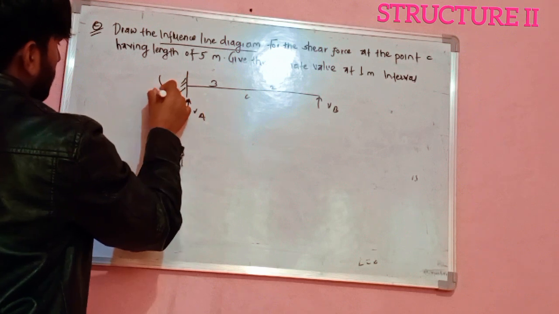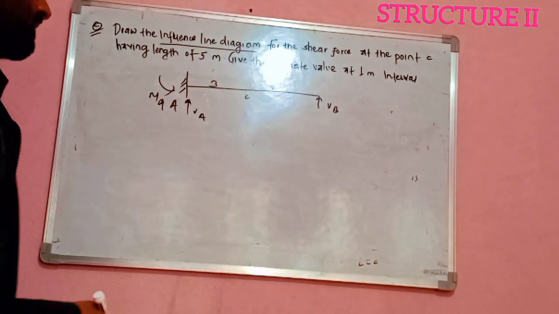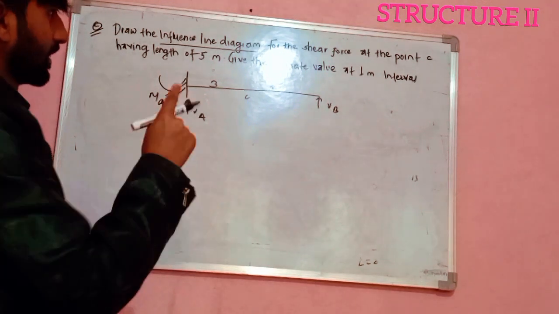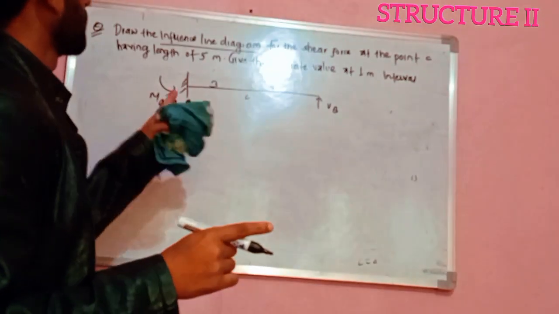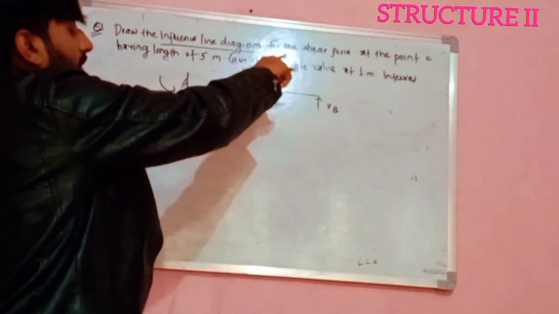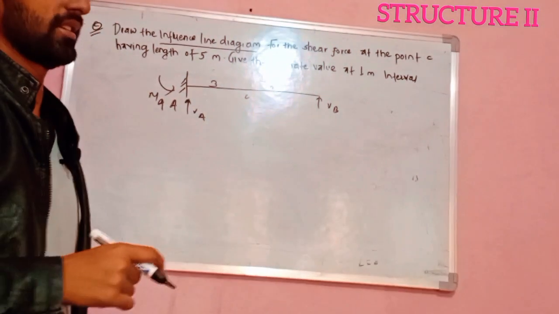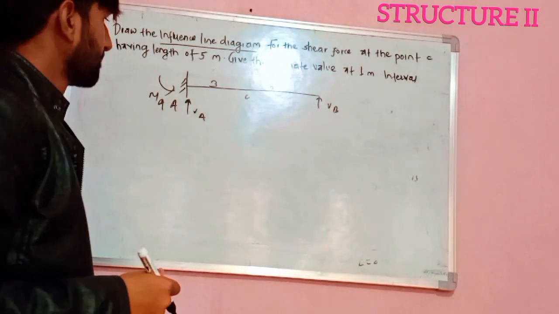Here maybe there is a bending moment, but for shear force we don't need the bending moment. You will need this MA when you have to find the influence line diagram for the bending moment at point C. In this question you don't need it.